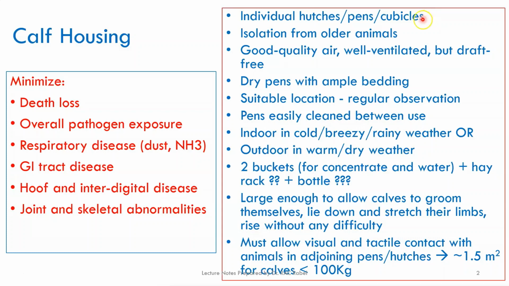When you say calf pen, hutch, or cubicle, that refers to an individual calf pen, whereas a calf barn or a calf unit refers to the building encompassing all these different calf pens. I'll show those as we go along, but do pay attention to these two terms.